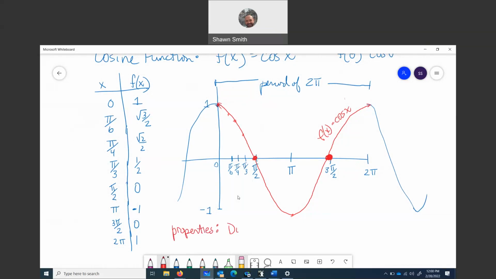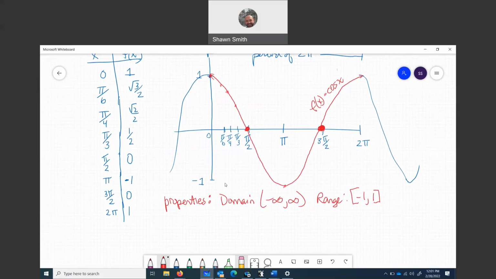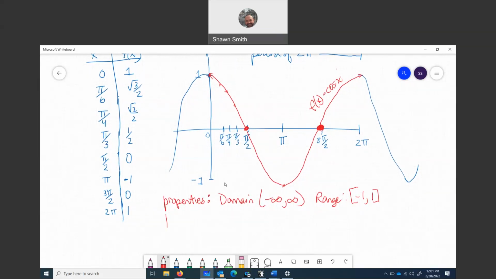The domain is still all reals, negative infinity to positive infinity. The range, same thing as the sine graph, from -1 to +1. It's periodic every 2 pi units.